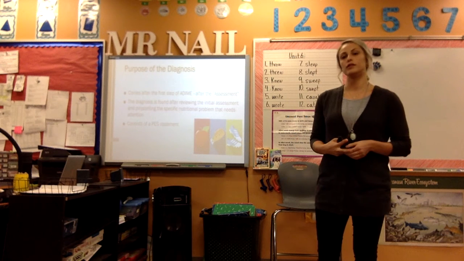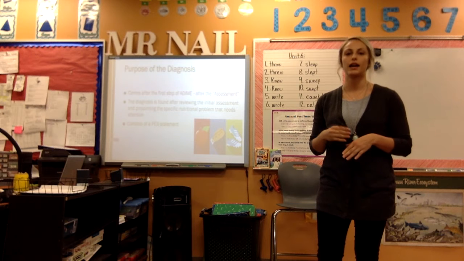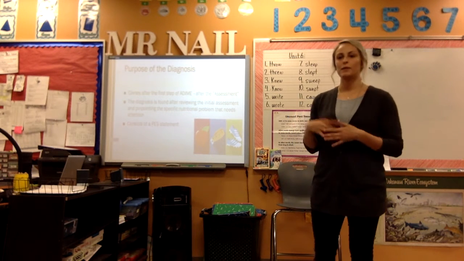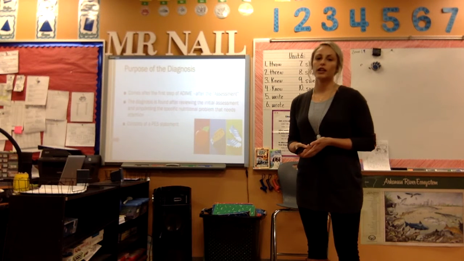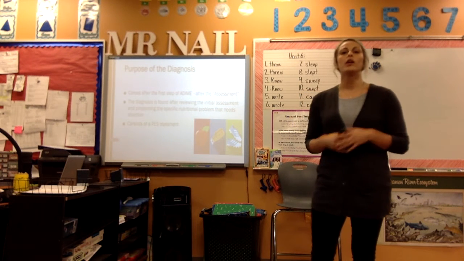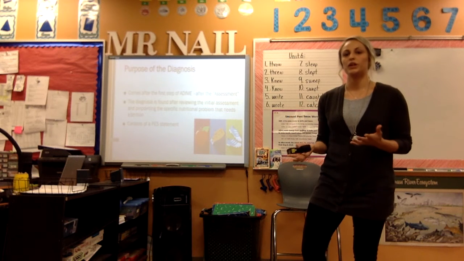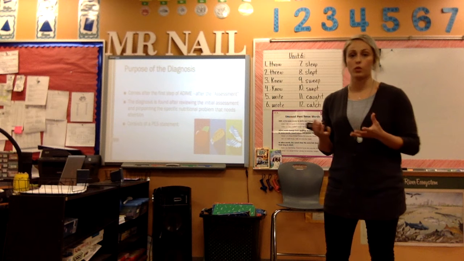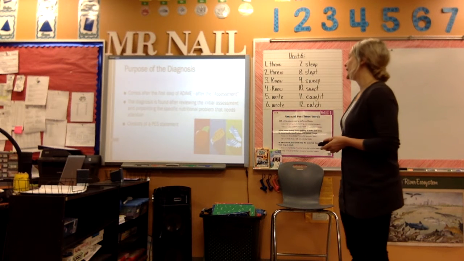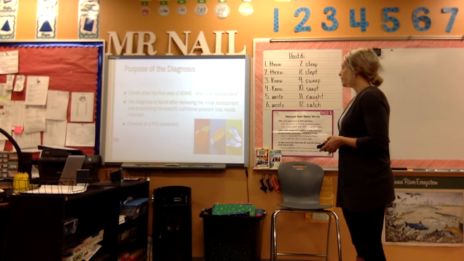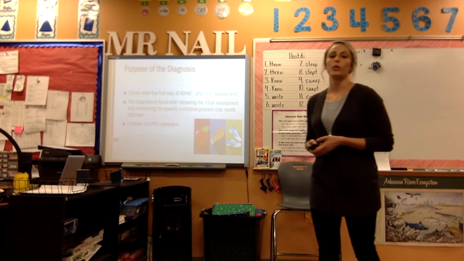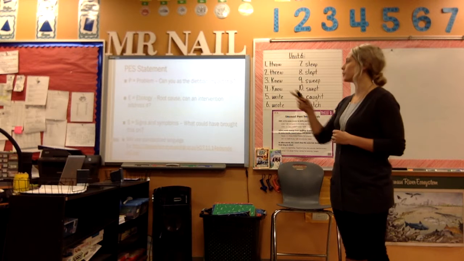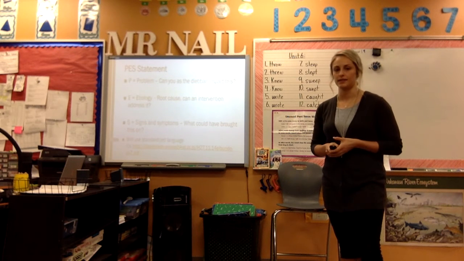And throughout the assessment, you'll be taking the patient's diet history, their medical history, maybe their family history, and looking at their labs as well to see what nutritional risks they are at. And then the diagnosis will be the main problem that you find. The diagnosis consists of what we call a PES statement, which is another acronym that stands for problem, etiology, and signs and symptoms.